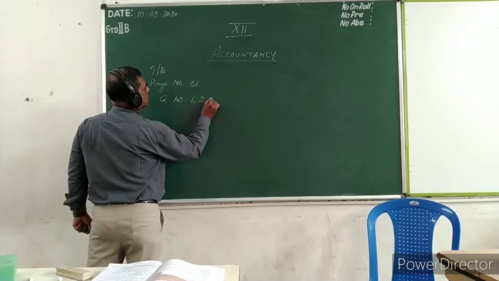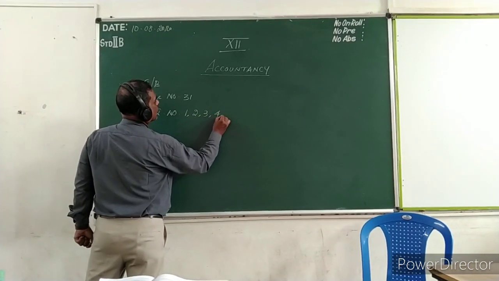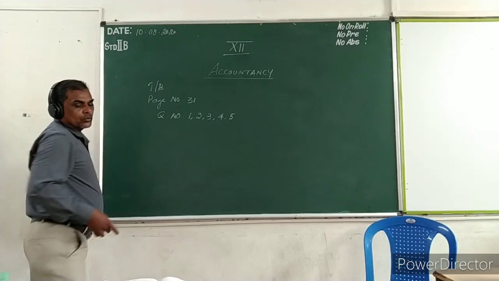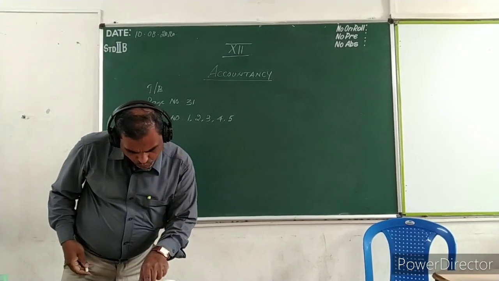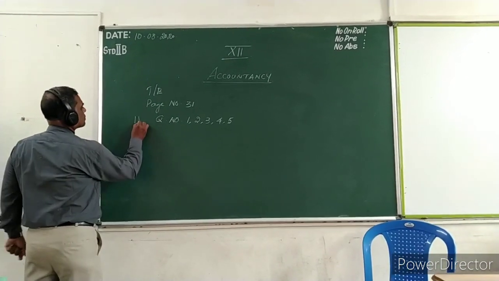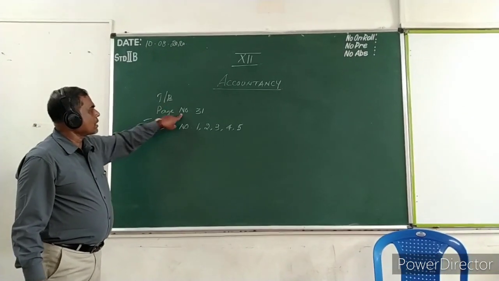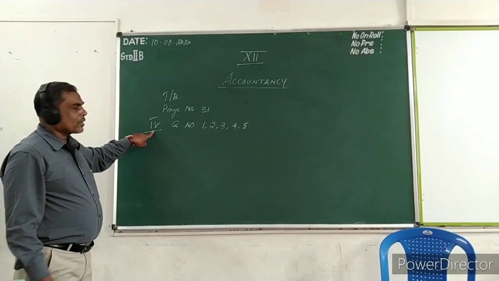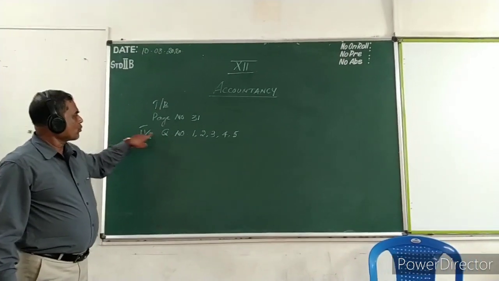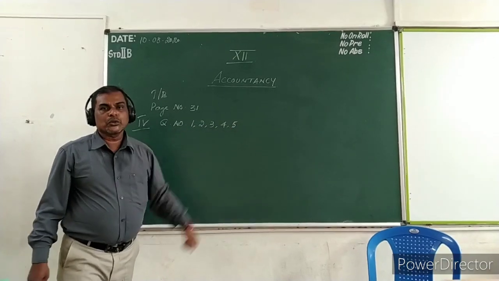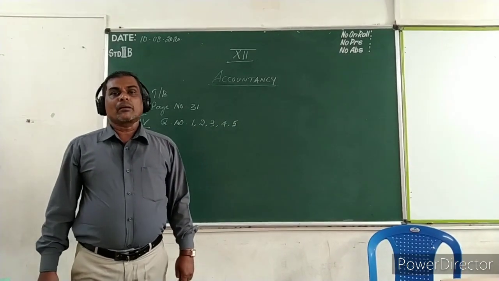This is in Roman letter 4. Textbook page number 31, question number Roman letter 4. From Roman letter 4, questions 1, 2, 3, 4, 5 you have to do as homework.